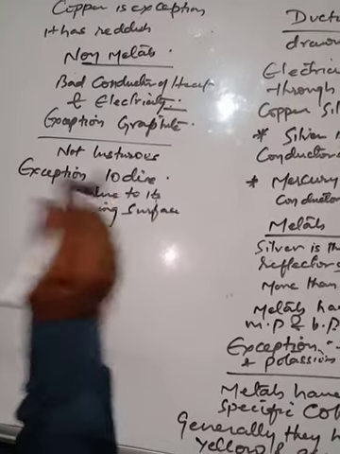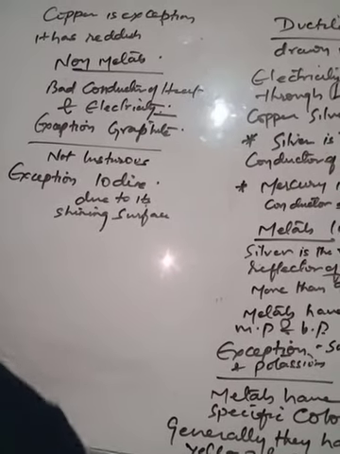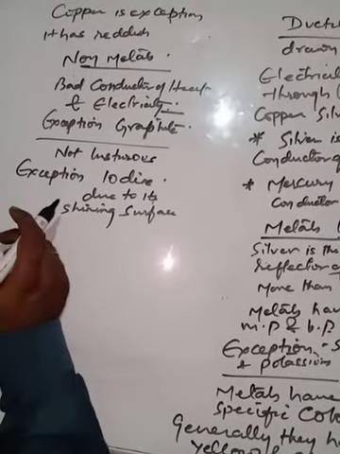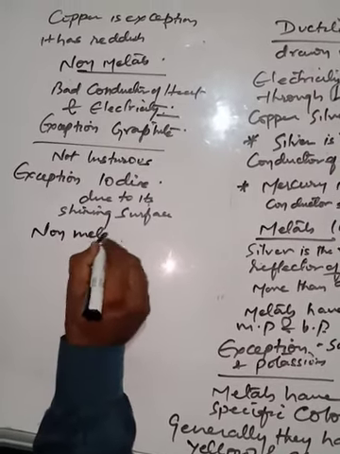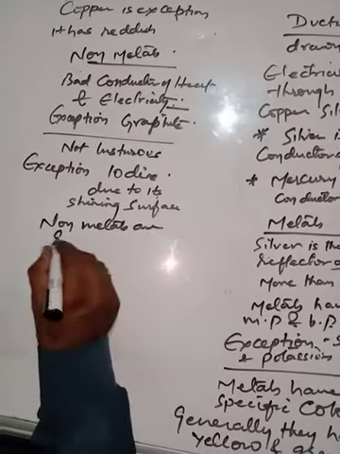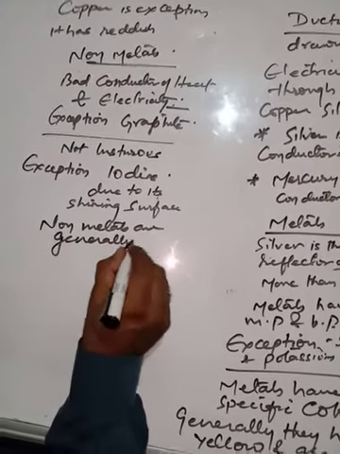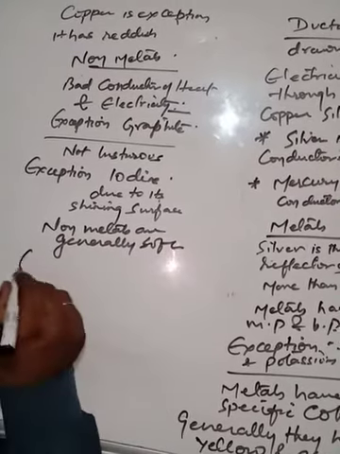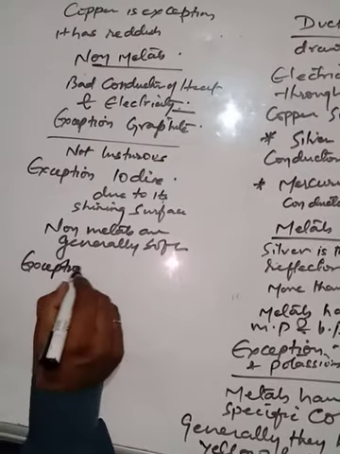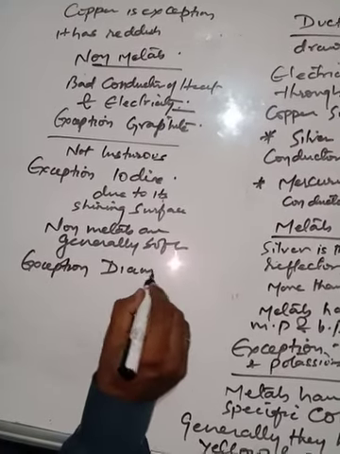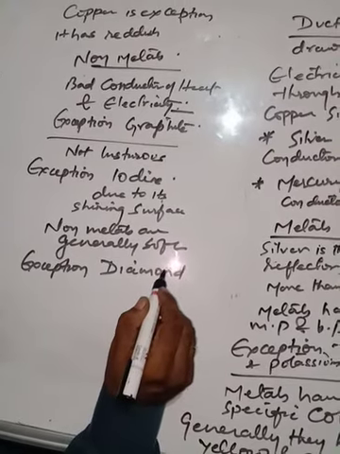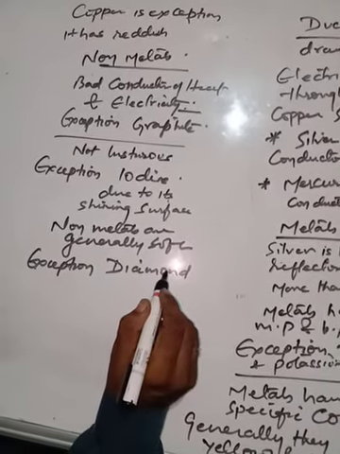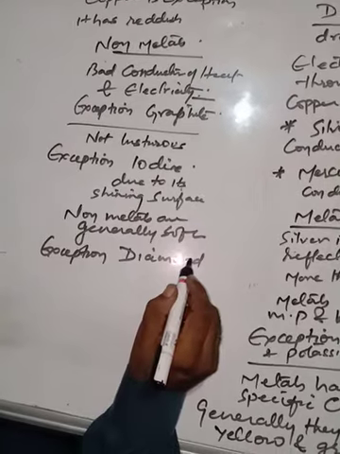Graphite also has a shiny surface. Non-metals are generally soft. Again, the exception is diamond. Diamond is the hardest material known so far. Non-metals have low tensile strengths.